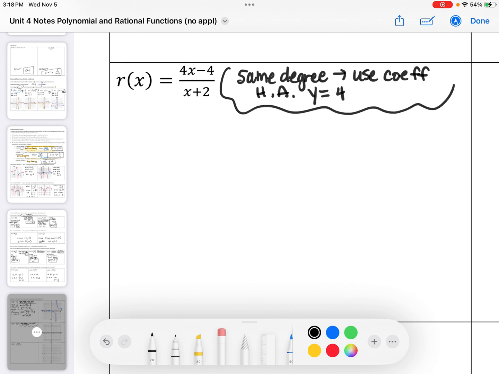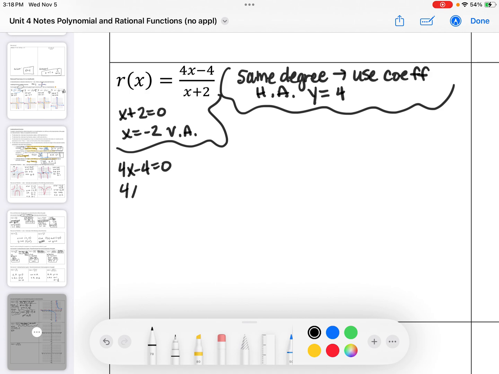Vertical asymptote is setting the denominator equal to 0. Subtract 2 from both sides, and now we've got our 1 vertical asymptote. So we know we're going to have 2 branches for our function. Okay, now let's find x-intercepts, and that's when y is 0, or setting the numerator equal to 0.